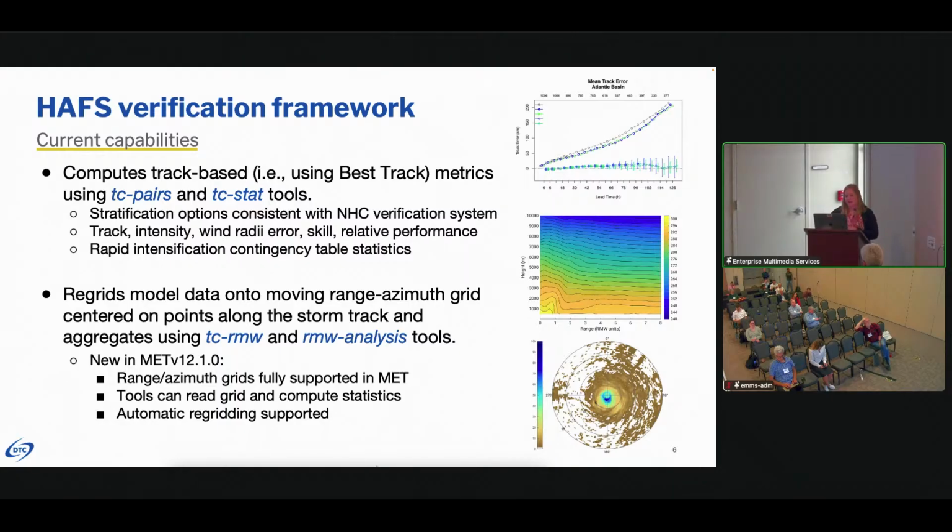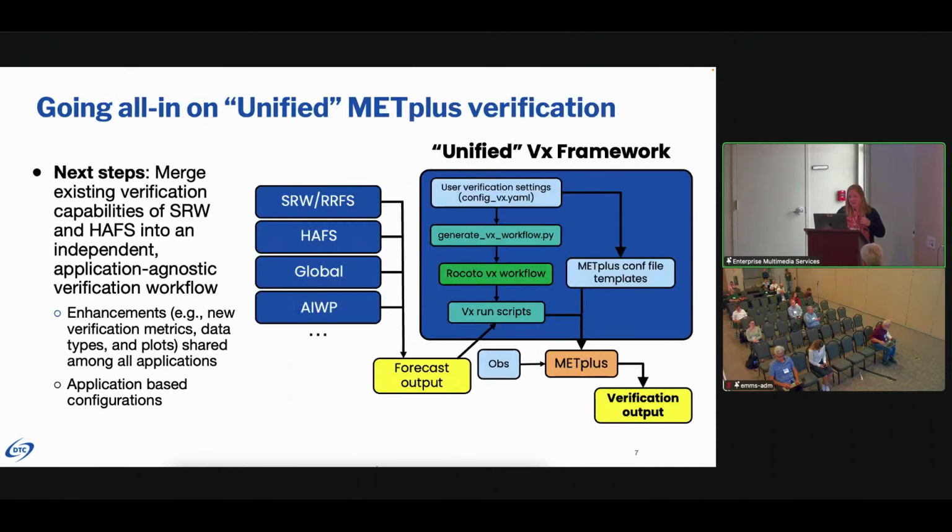And then finally, I don't have a bullet on this, but in the RMW analysis tool, we've added all of the filtering options since we have that track data. So you could go in and say, I want to filter off of specific type of storm or distance to landfall, that type of thing that is normally available within the TC tools. And so you can put your verification together based off of that.